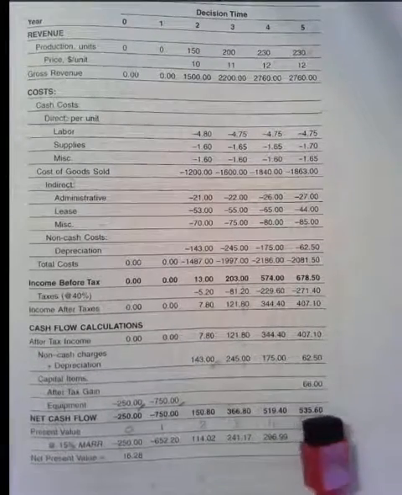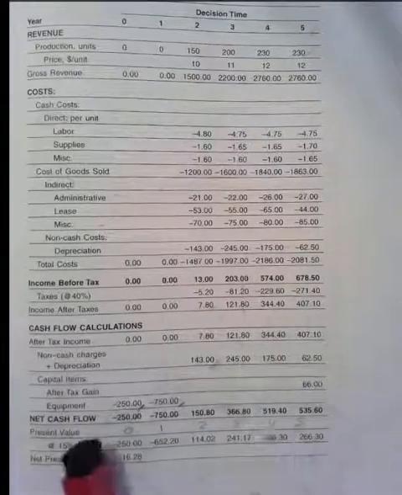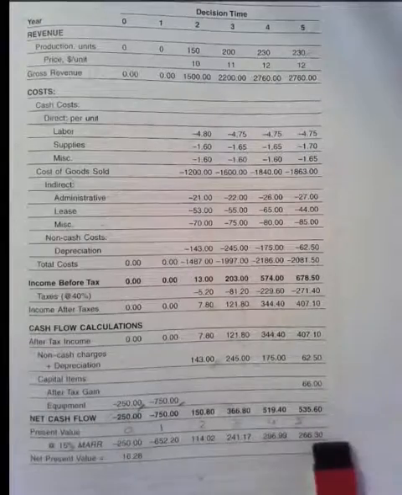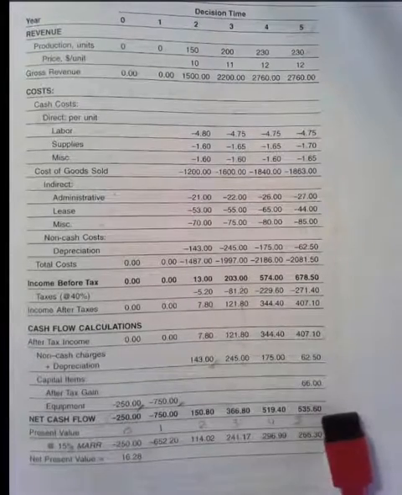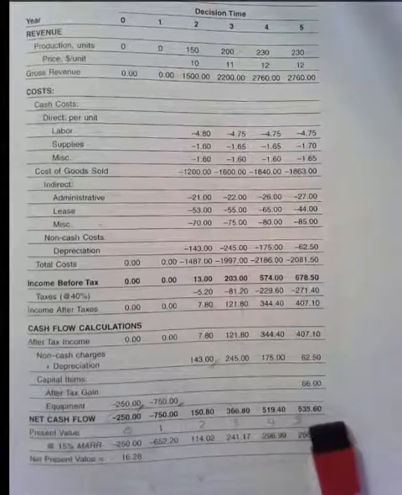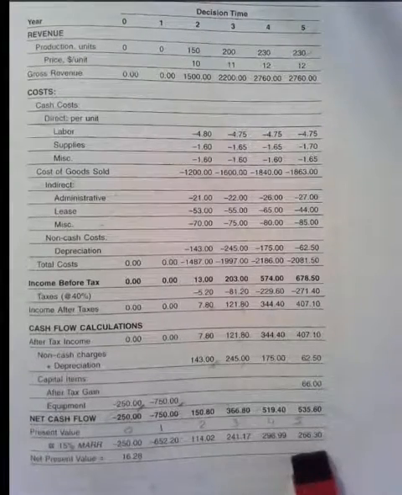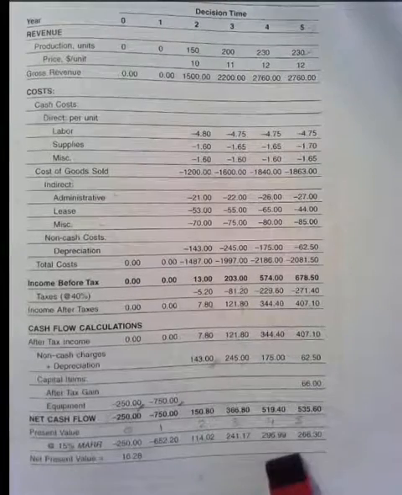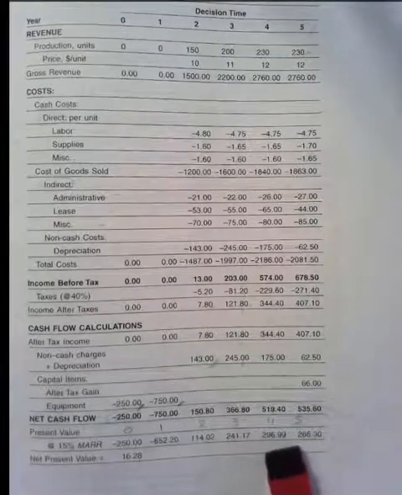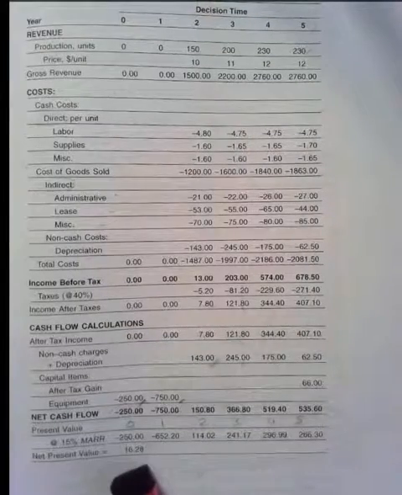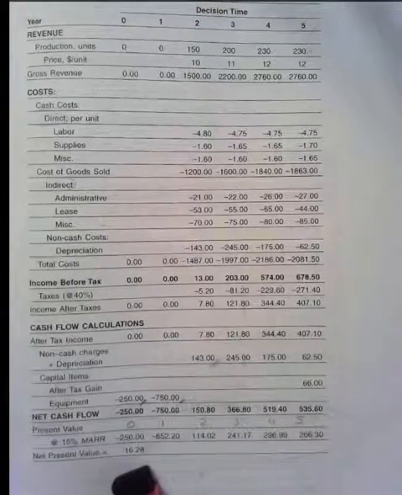So you would discount all these cash flows to time 0. That's what they do year by year, computing how much the cash flow at time 5 is worth at time 0. So the 535 at time 5 would be worth 266 at time 0. The 513 at time 4 would be worth 296 at time 0. And so on, and then add them up, and this gives a net present value of 16.28.